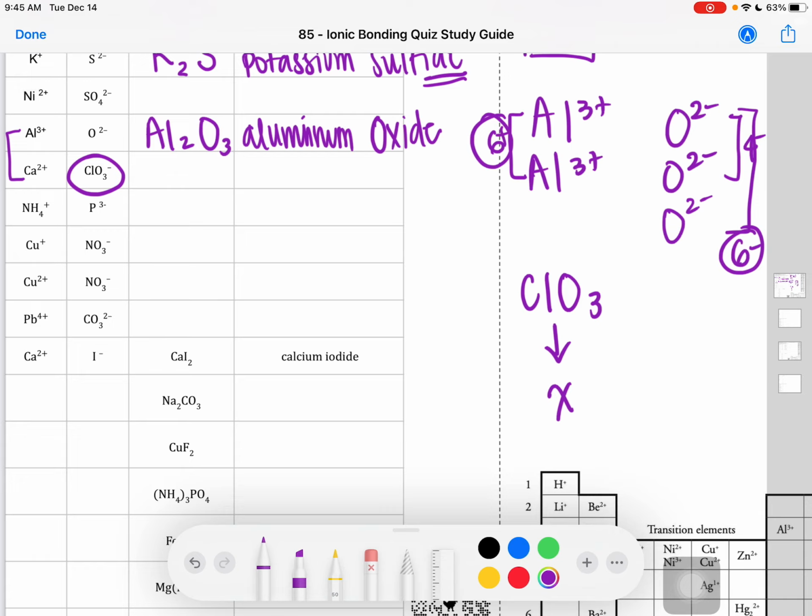So the whole thing is equal to X. If that's the case, it's X minus and Ca2 plus. Now it's easy. You're like, oh, this is a piece of cake. You need another X minus for this to be equal to 0. So there's only one Ca, and there are 2 of X.